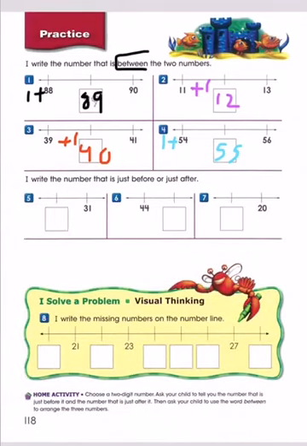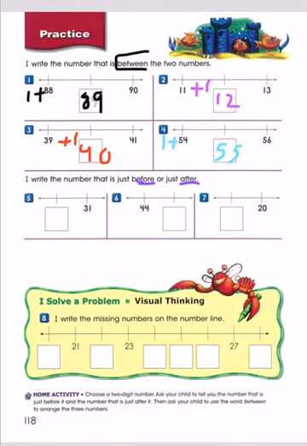Number 5, it said, I write the number that's just before or just after. It's about before and after. Which of them is before and which of them is after? Okay? In number 5, we have before. Okay. Before 31, which number came? Can you tell me?